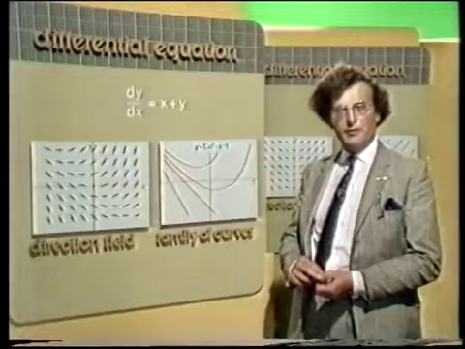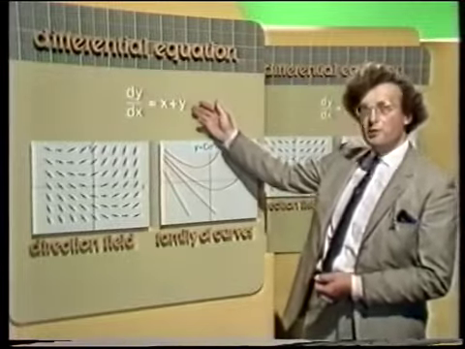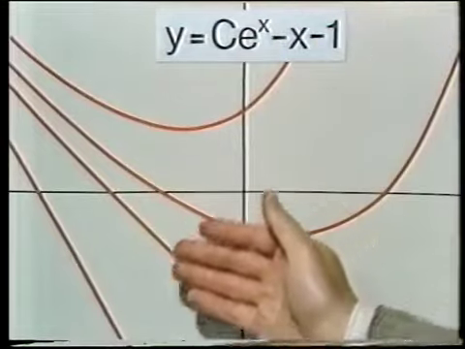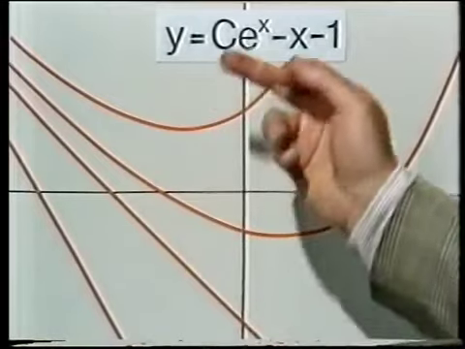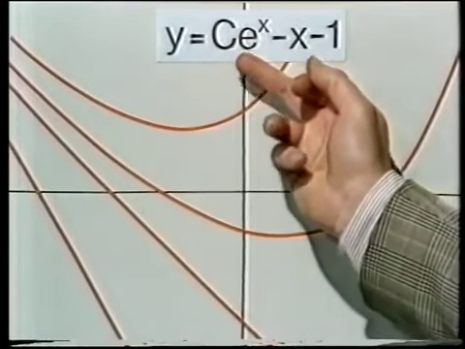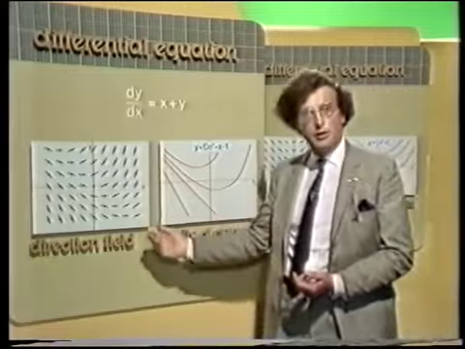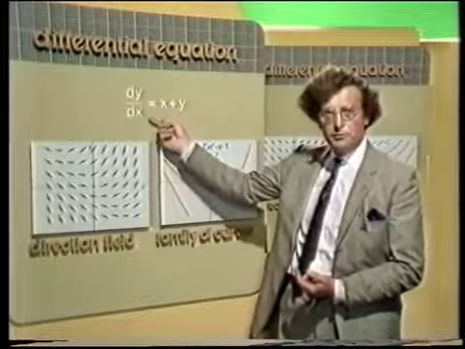And so, for each value of c, we get a curve in the family. Isn't that lovely? We just had to show you how a simple differential equation like this could produce a whole lot of curves, all waving about. And yet, all that is controlled by the one constant c. What's more, the curves and the direction field fit together. And so they should. They came from the same differential equation.